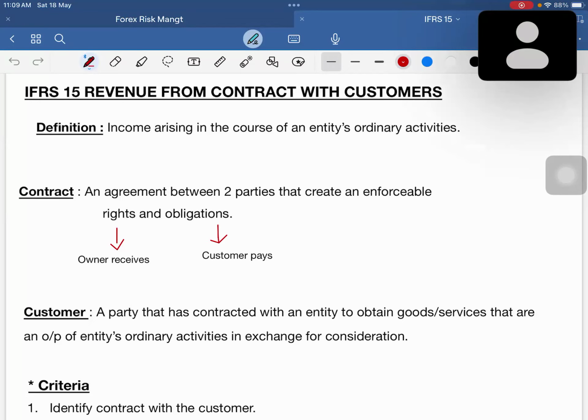So the standard that we are dealing with today is IFRS 15, Revenue from Contracts with Customers. The specialty about this standard is that it is such a common standard, and one that has been asked about in interviews for a very long time.